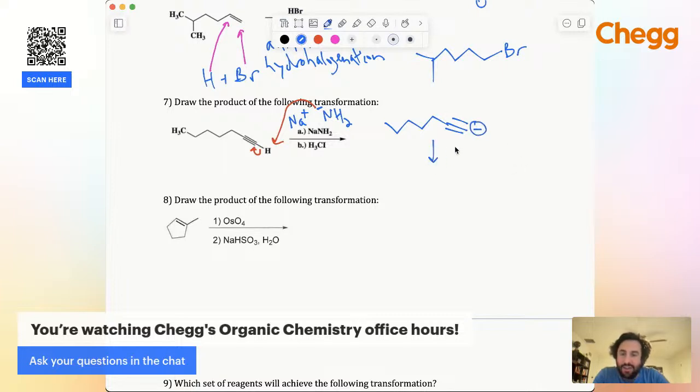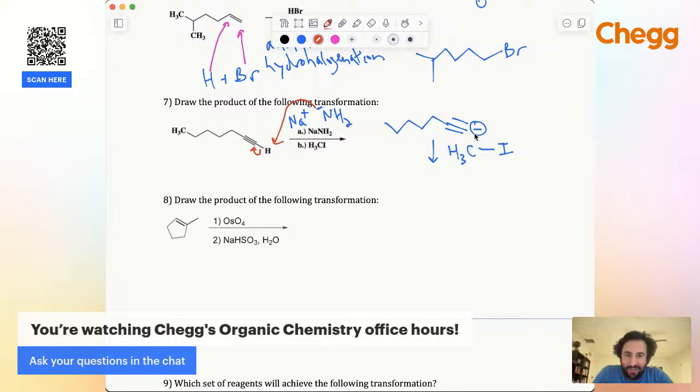And now what is adding after that? We have H3CI, methyl iodide. Actually, let me explicitly draw out that bond. Now these alkynyl anions are excellent SN2 nucleophiles. They are negatively charged, but they're very linear and bullet shaped. There's no branching, and so these are excellent SN2 nucleophiles.